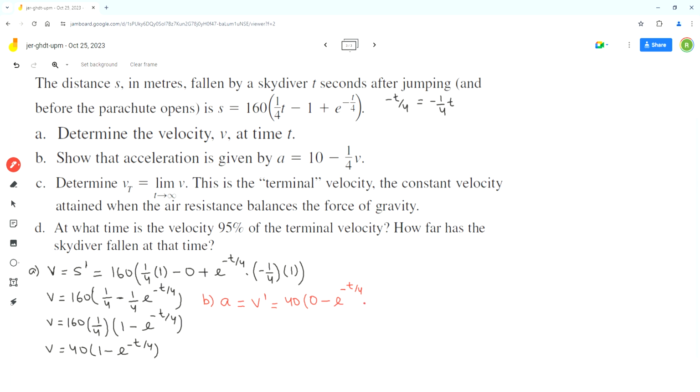Now the exponent is negative t over 4, which is equivalent to negative 1 over 4 t. So negative 1 over 4 is the coefficient, so it will stay as it is. And the derivative of t is 1.